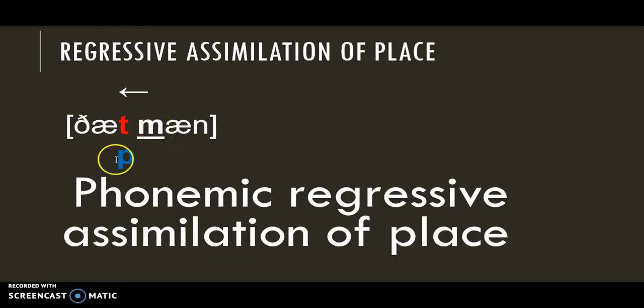In this case, what it takes is the same place of articulation. That's why we call this case of assimilation, assimilation of place. It is regressive because the second sound affects the first one. And it is phonemic because the sound is replaced by another one. So the phoneme changes.